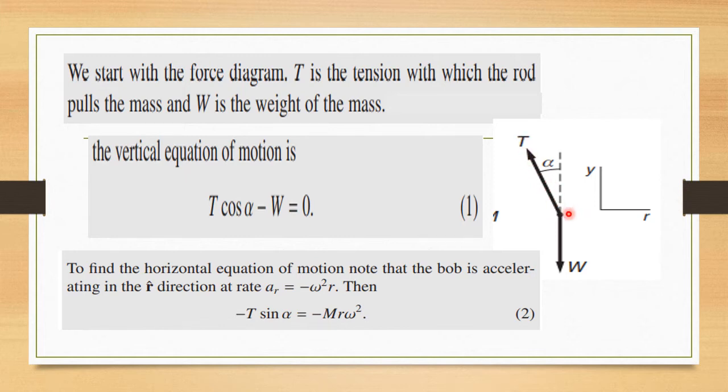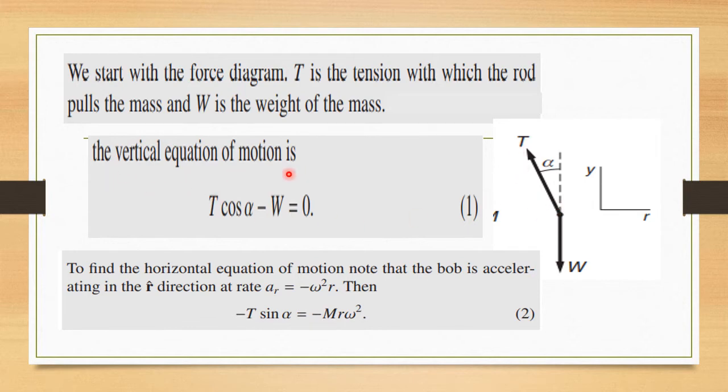Now we resolve T into two components. Here you get a vertical component along the y direction as T cos alpha, which is exactly opposite to W, and a horizontal component along the radial direction as T sin alpha.